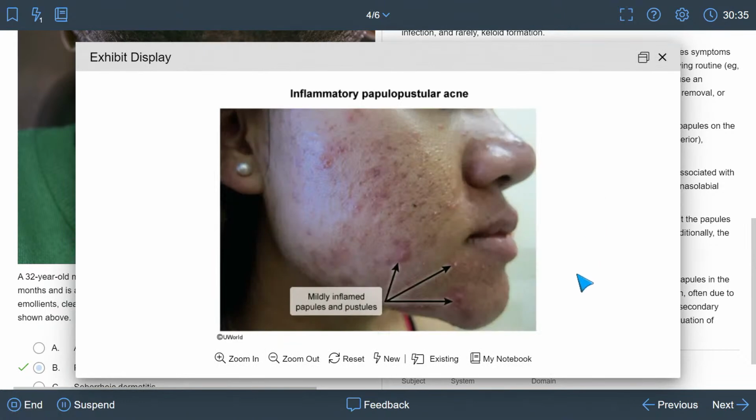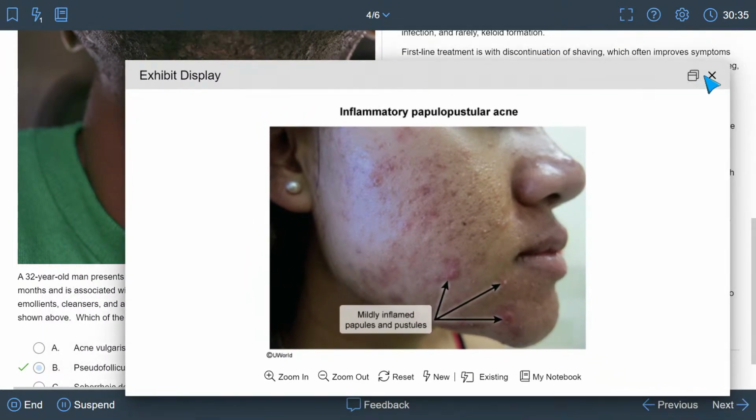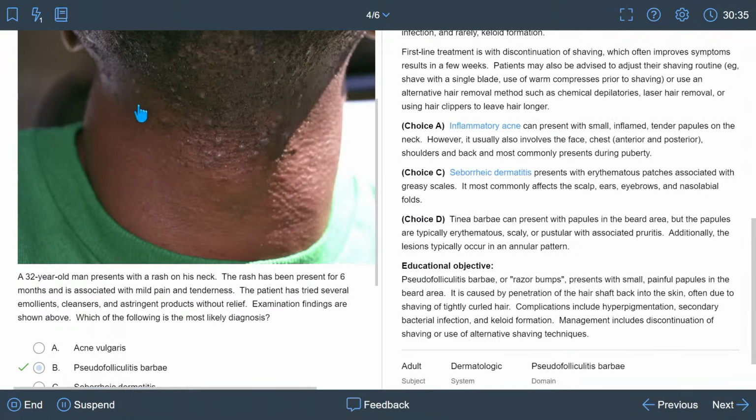Now, the mildly inflamed papules and pustules noted around her chin here are labeled, but you also see it involves the rest of the face as well. It doesn't quite look like this, where there's no redness, no pustules, or any inflammation noted.